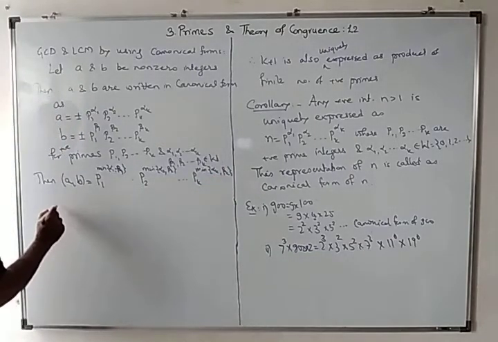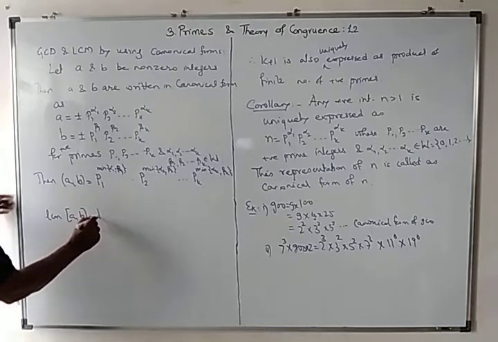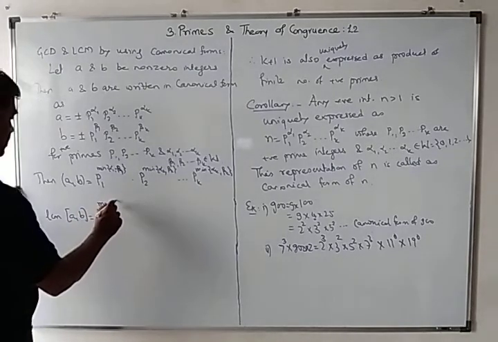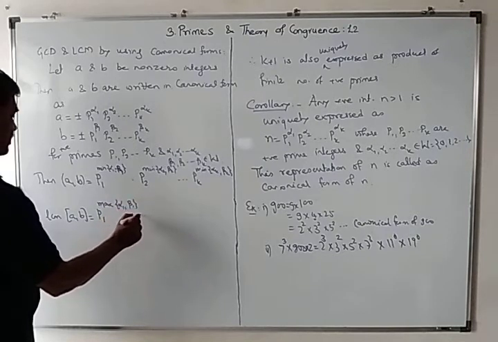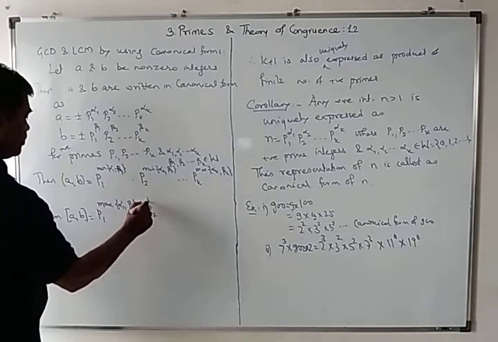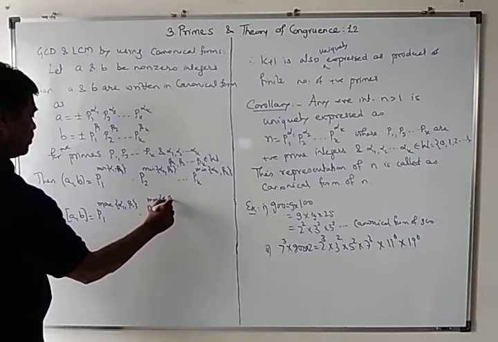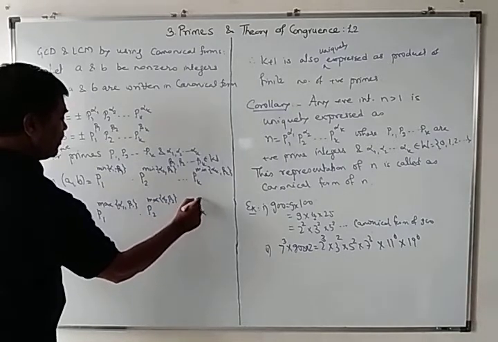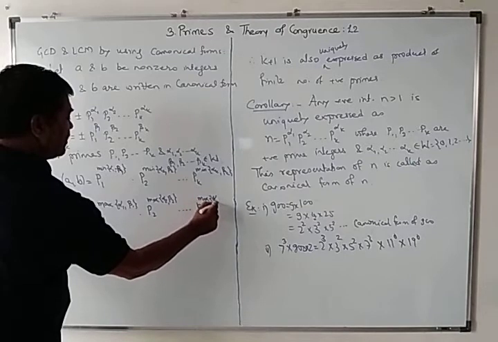LCM of A, B is equal to P1 raised to maximum of alpha 1, beta 1 into P2 raised to maximum of alpha 2, beta 2, and so on, Pk raised to maximum of alpha k, beta k.